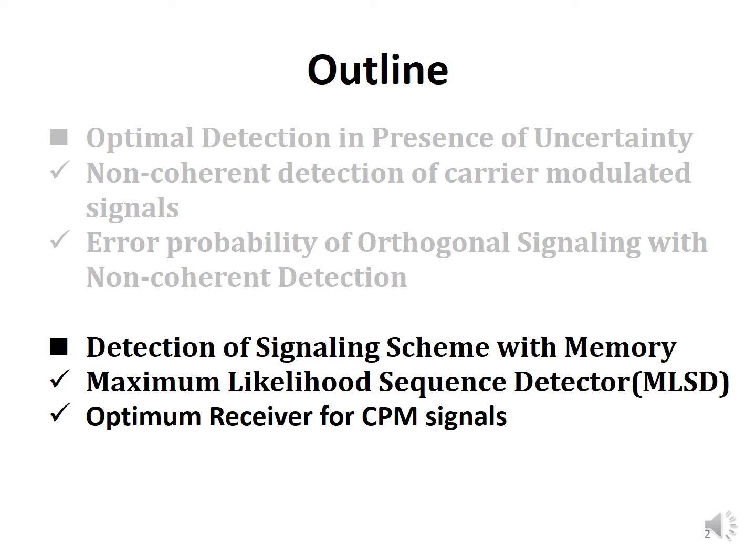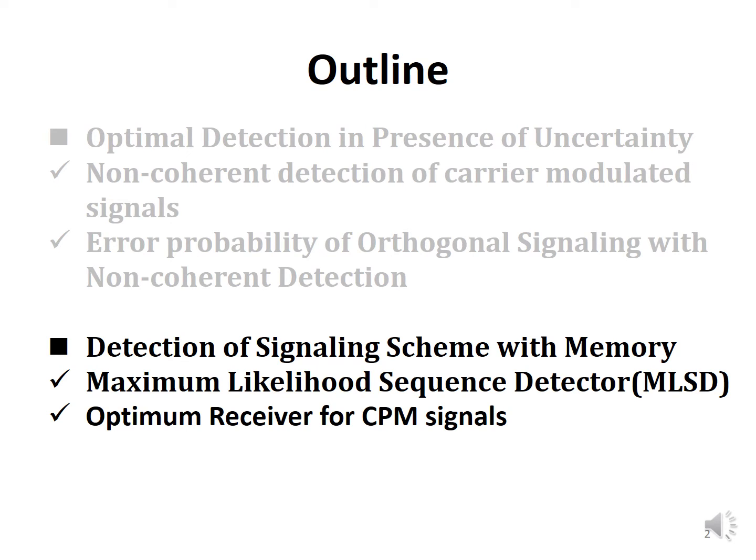We're going to have two topics on the detection. The first detection strategy is called maximum likelihood sequence detection, and it's a little different from the maximum likelihood symbol-by-symbol detection we have discussed for memoryless modulations.